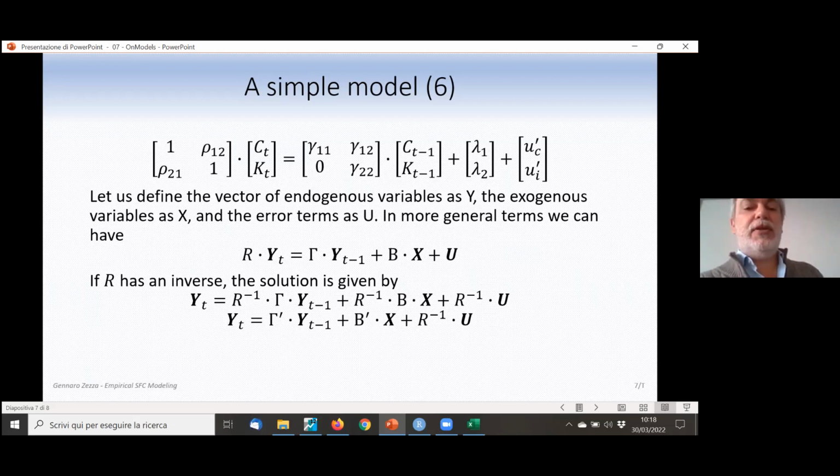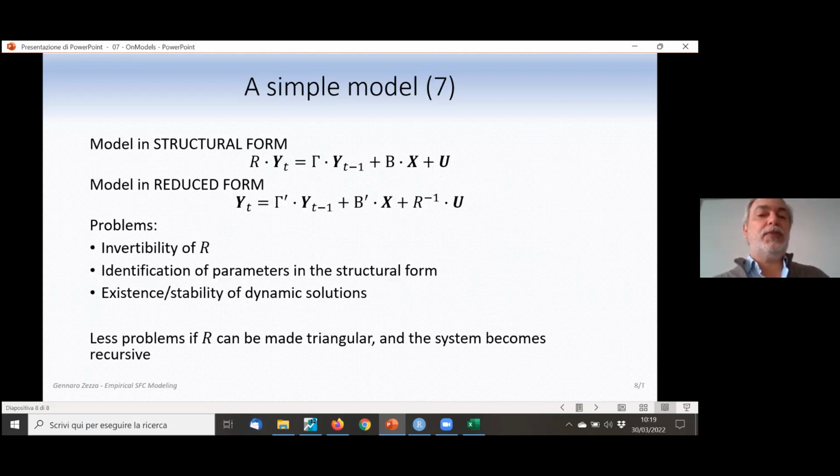The B prime is the matrix with the same size of B, but they will be combination of the parameters in R and the parameters in gamma and B. And also the error terms will depend on the inverse of R.